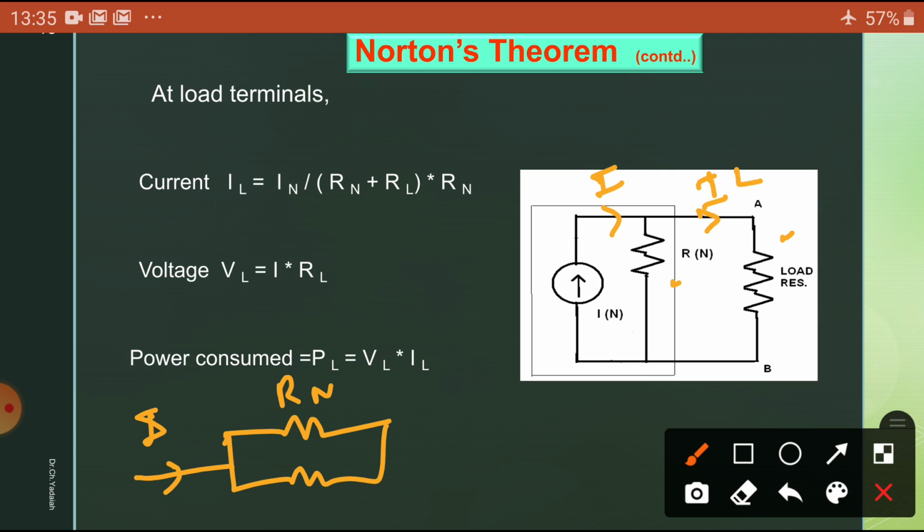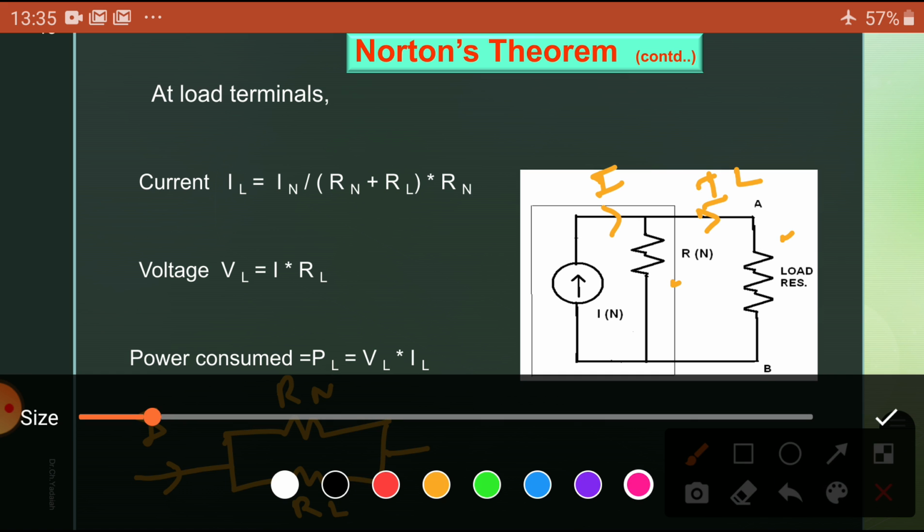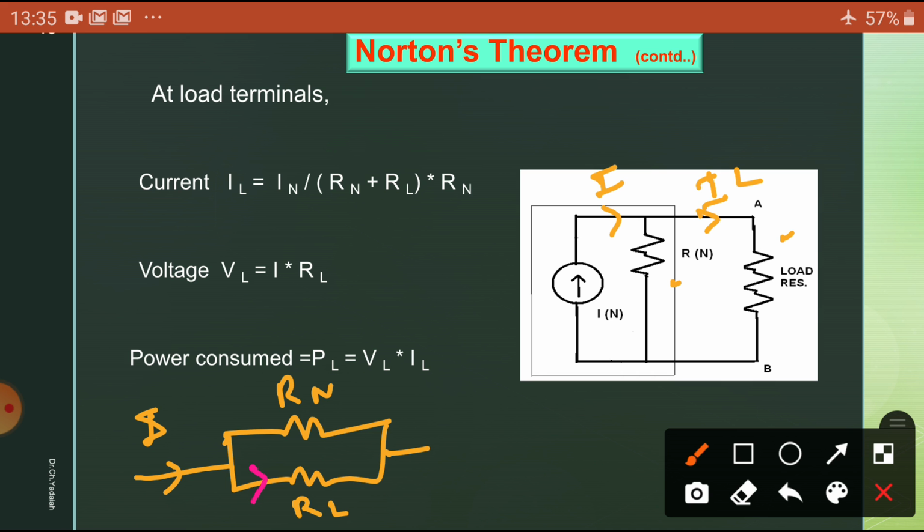Here R Norton, this is the load RL. I want to know what the current is here. I want to know IL. So what is IL? IL is equal to the total current I into the opposite, that is RN divided by RN plus RL. This is the formula we are going to use.